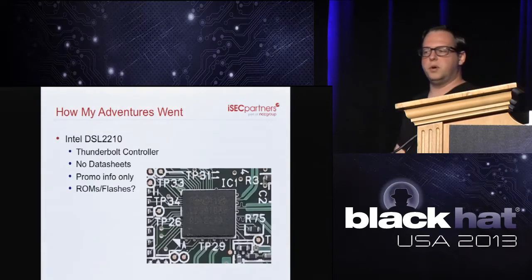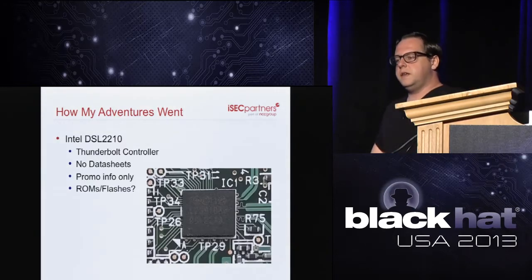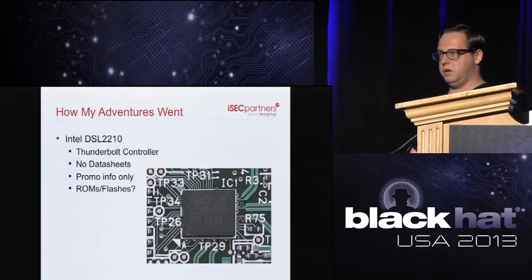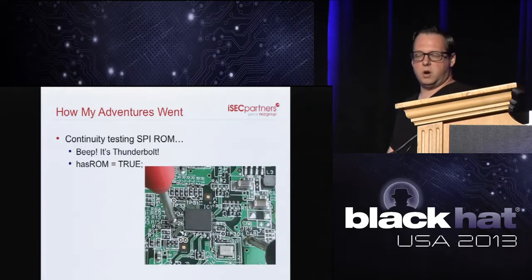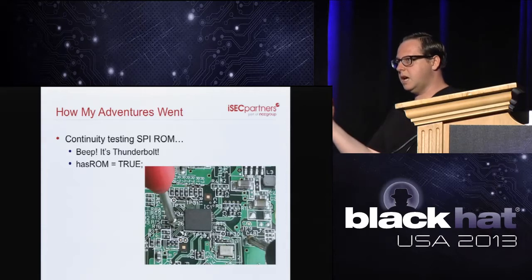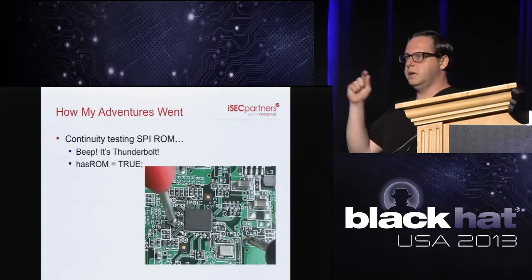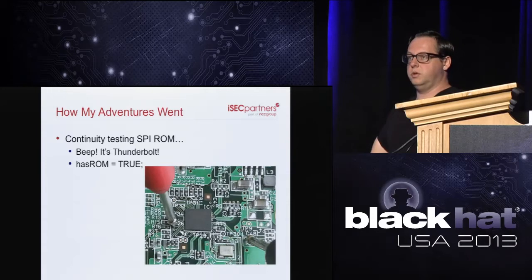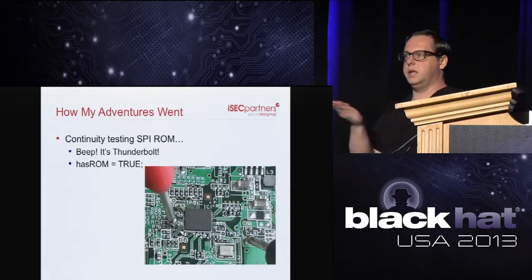Next, we'll move on to Thunderbolt, a DSL2210. This has no data sheets available online. It's promotional information only. Maybe we can find some ROMs and flashes. We noticed there was that one ROM sitting on the other side. This is where our continuity testing comes in handy. We're able to do our continuity test from the SPI lines on the ROM into some lines going into Thunderbolt, and those are traveling on the middle plane.